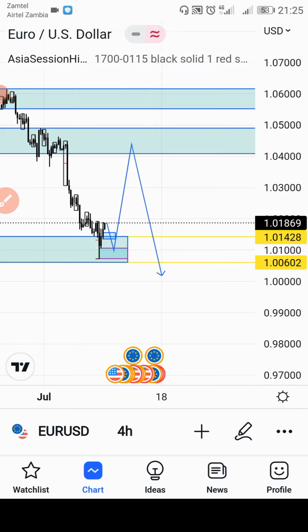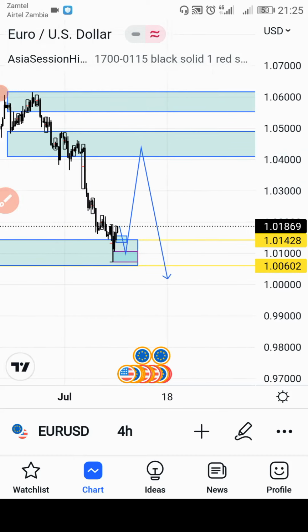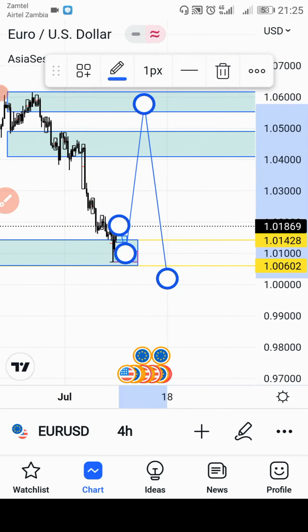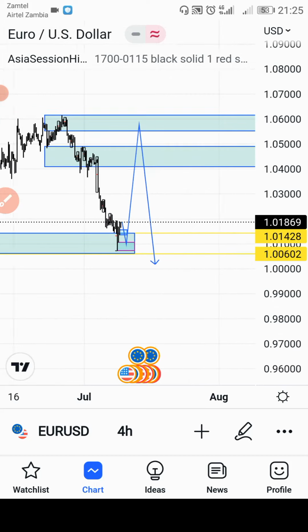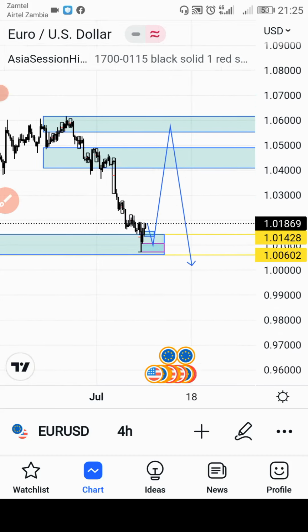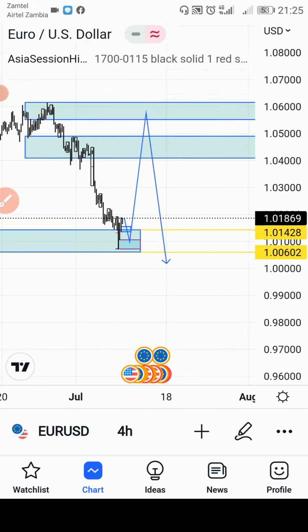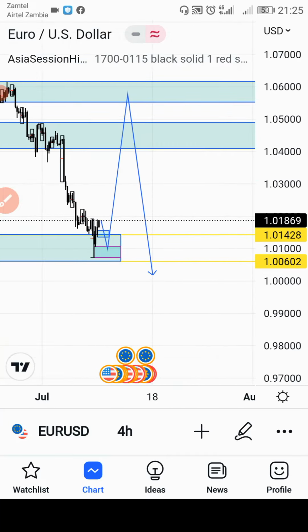If this level fails, we can potentially go up here, look for some sales. So that's for EURUSD.